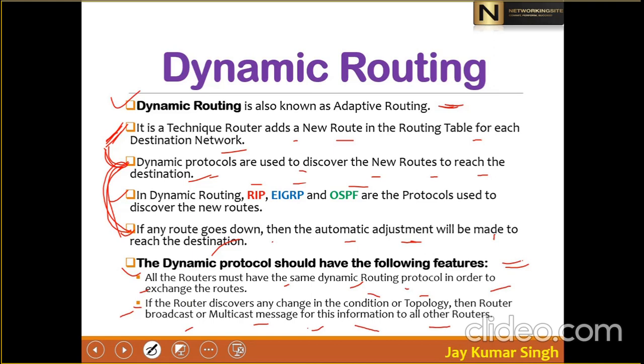Means maybe there is one router, and this router has some interface connected, and maybe this interface has some changes, like the port has gone down, so immediately this router which is connected with another router will inform that there are some changes. But this kind of information will never be exchanged or informed to the neighbor in static routing and in default routing.